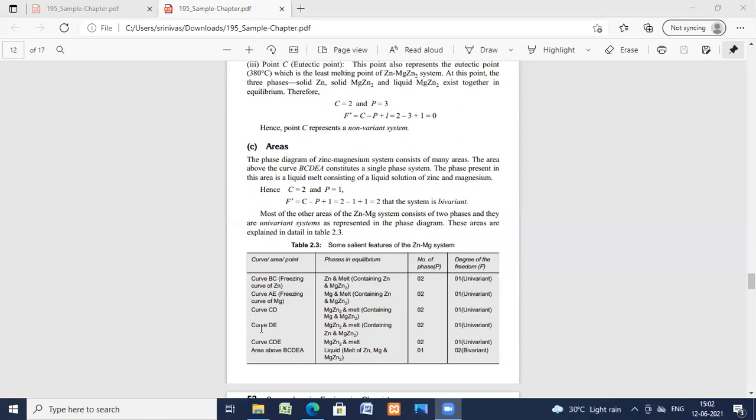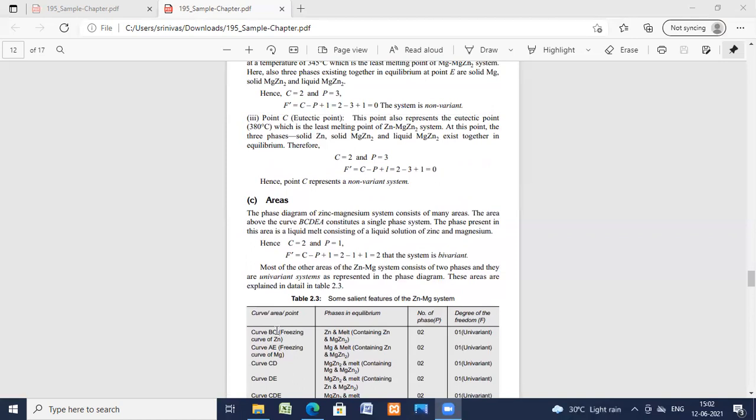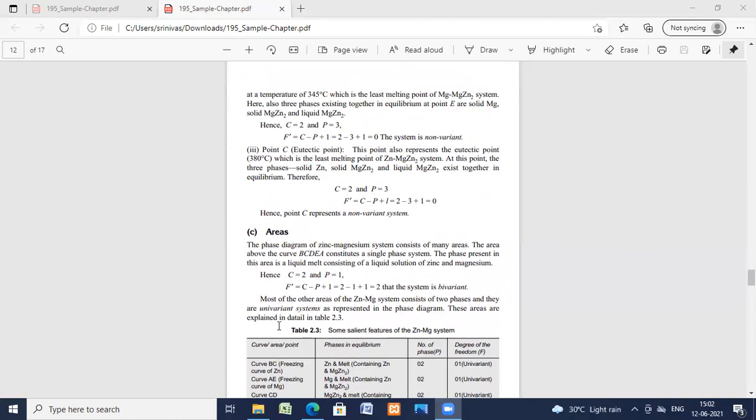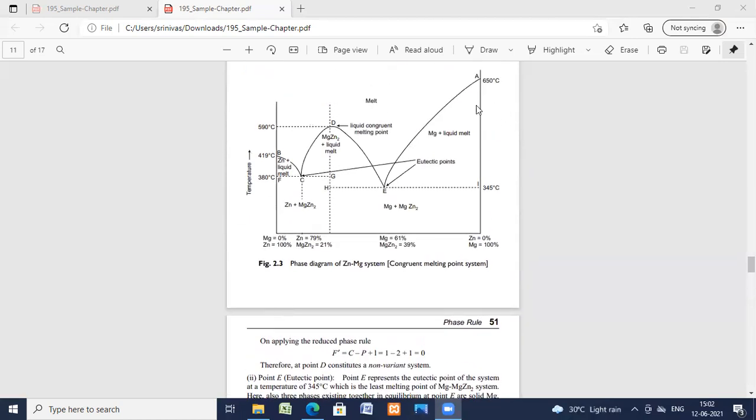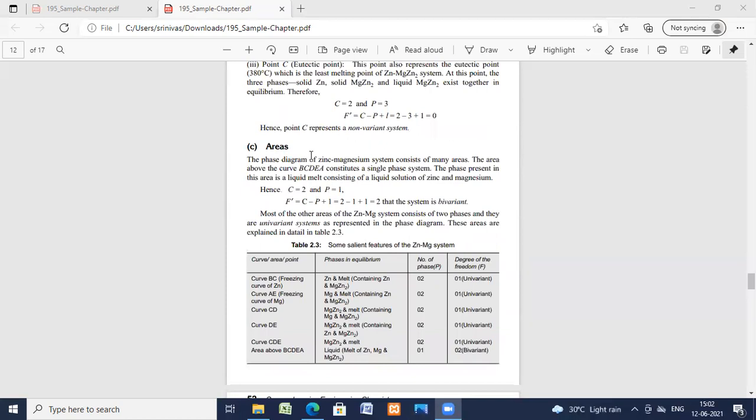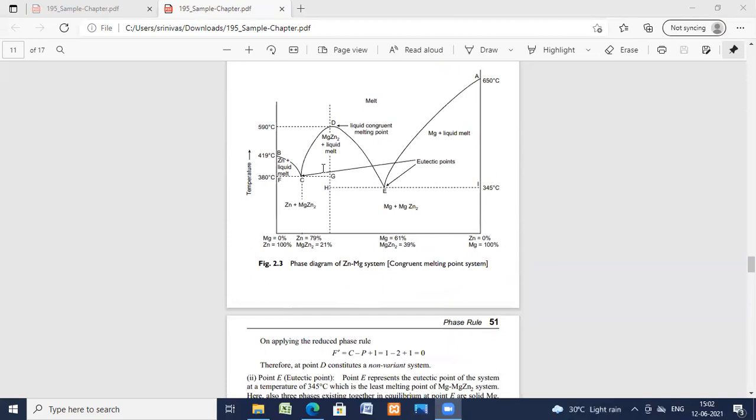Now, curve DE we will see. I've told you CD and DE. Curve CD has MgZn2 and melt, and similarly DE is also the same.